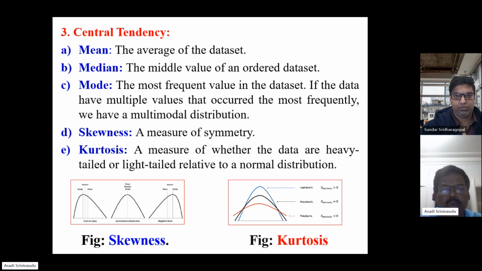Mode is the most frequent value in the data set. If the data have multiple values that occur most frequently, we have a multimodal distribution. Skewness is a measure of symmetry, and kurtosis is a measure of whether the data are heavy-tailed or light-tailed relative to a normal distribution.